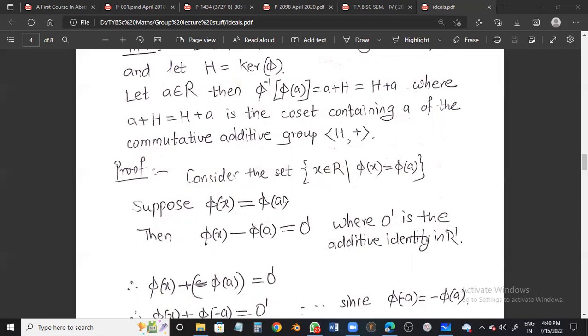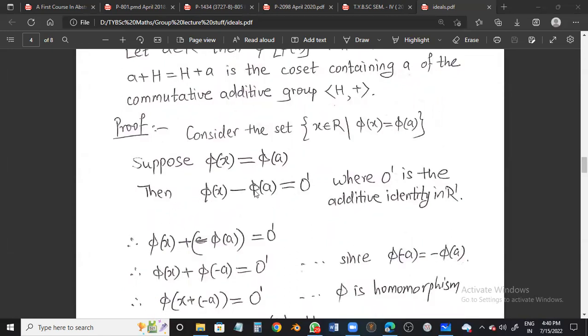What does it mean? So phi of x minus phi of a is 0 dash. 0 dash is the additive identity, as you know, of course, of R dash. Now minus of phi of a, I am just adding it to this.